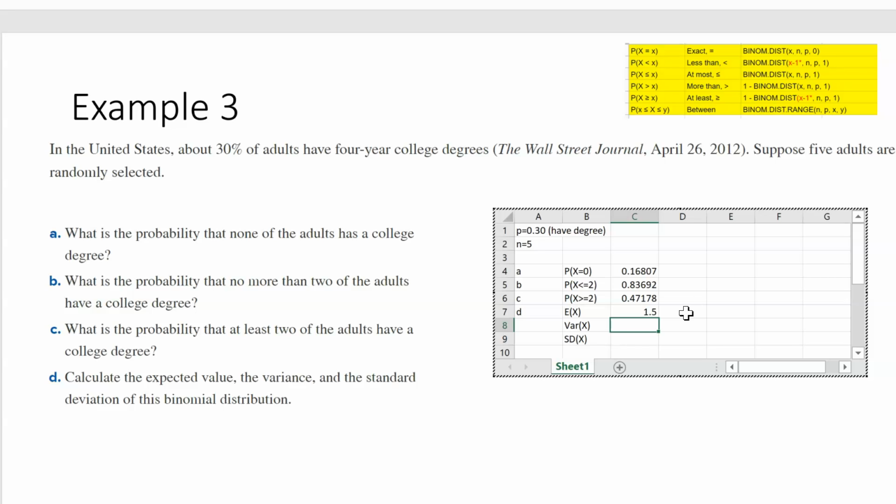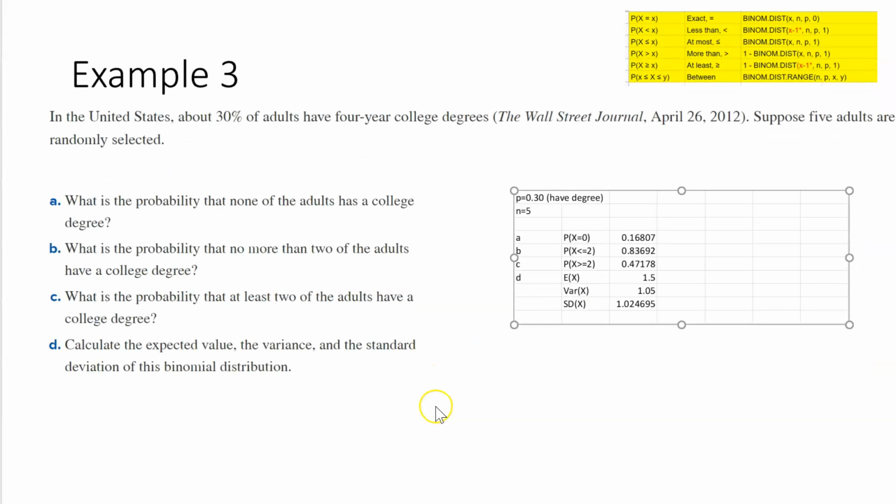The variance is equal to n times p times 1 minus p, and that is our variance. And our standard deviation is equal to the square root of our variance. And so what that means is that we expect about 1.5 adults with a standard deviation of about 1 adult.